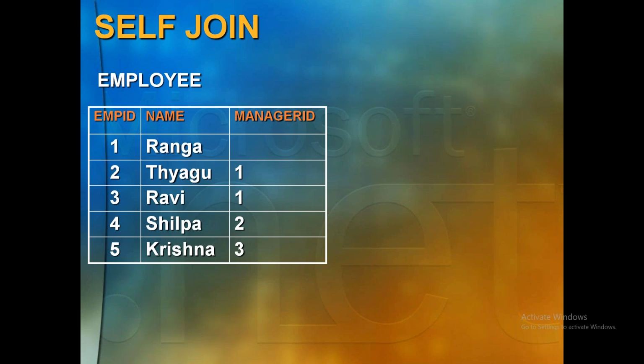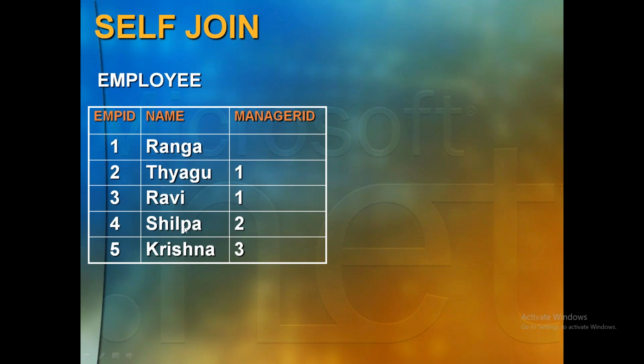I have a table: employee ID, name, and manager ID, right? So manager is also one more employee. This guy is the CEO of the company. He doesn't have any boss, right? But the second guy is reporting to the first guy, and the third guy is reporting to the first guy again.